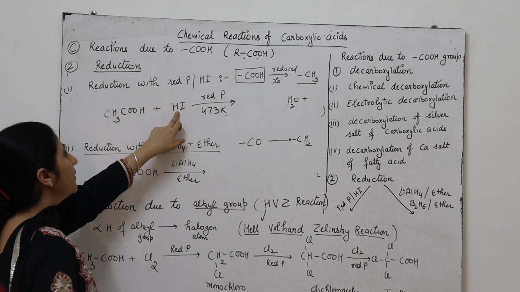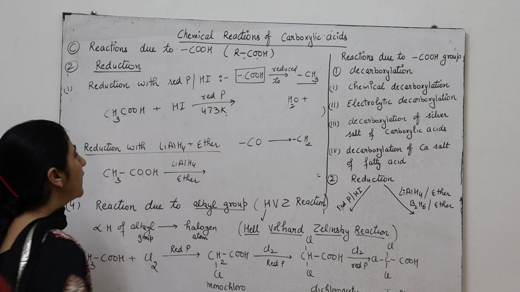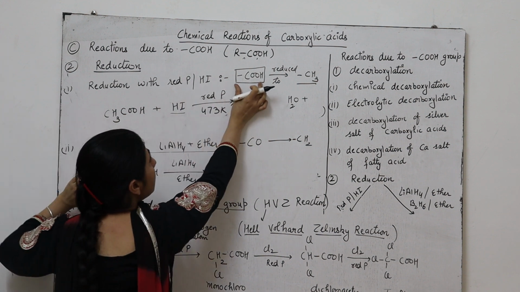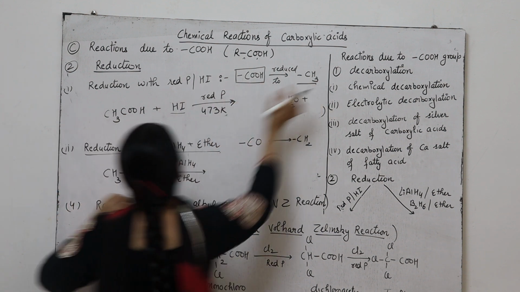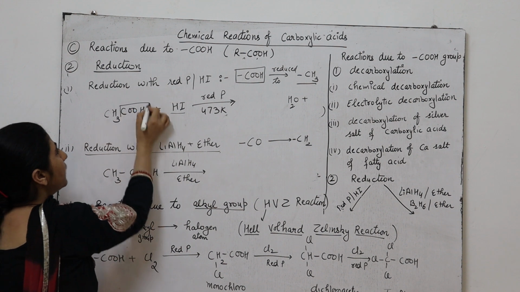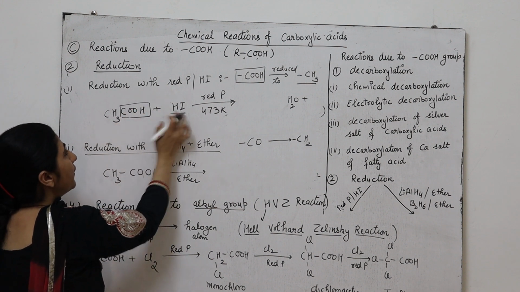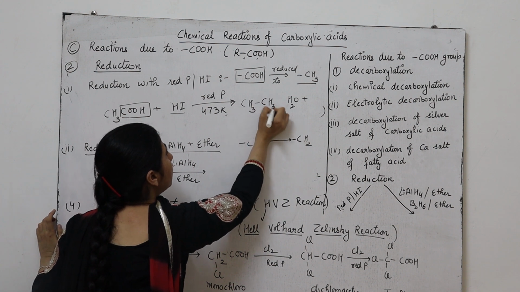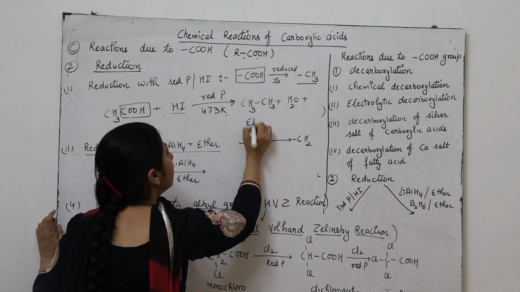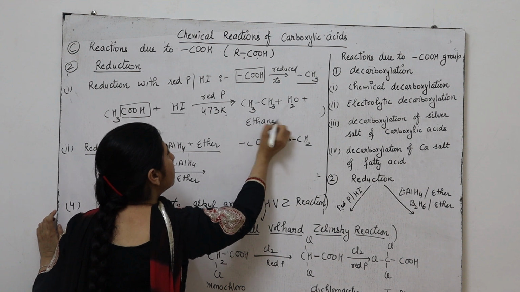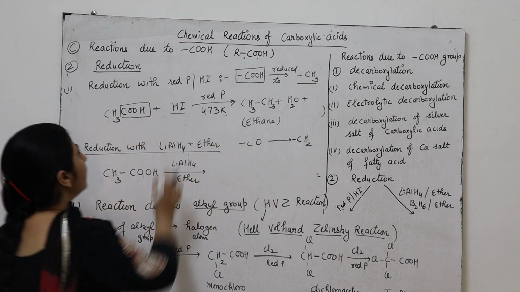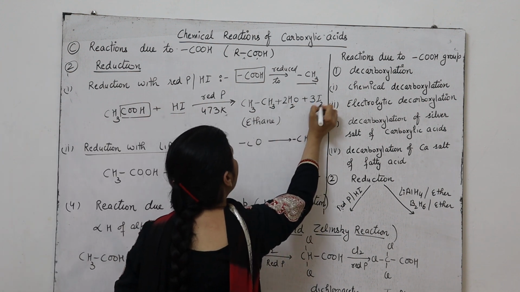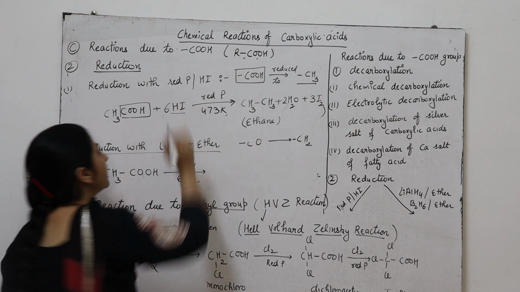When it is reduced in the presence of red phosphorus along with HI, the carboxylic group is reduced to a methyl group. So in this case, we get ethane along with two molecules of water and three molecules of iodine. Here we have 6HI.